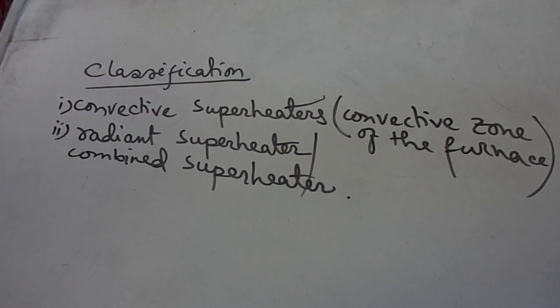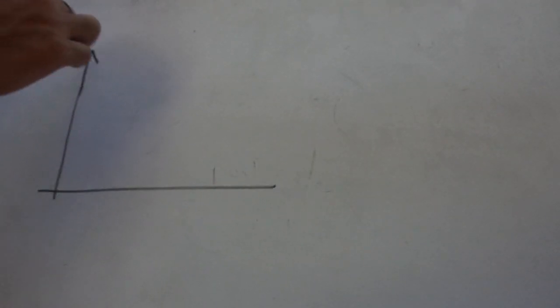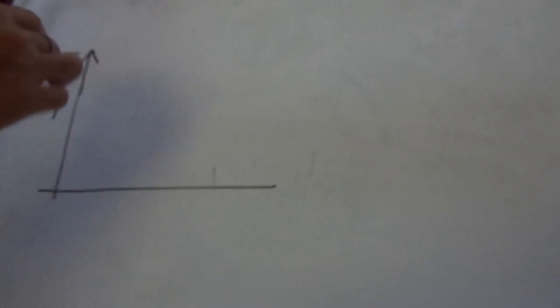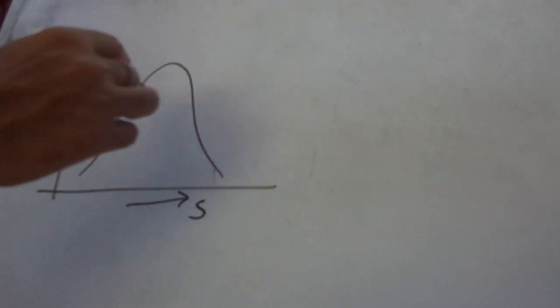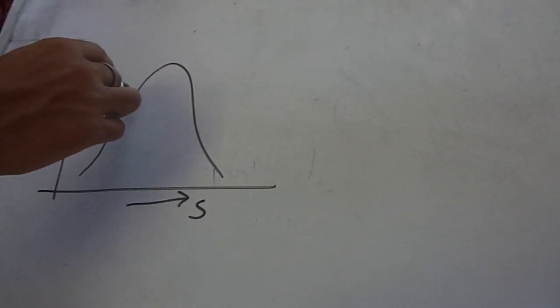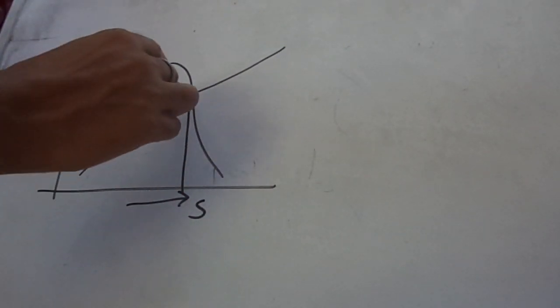Okay. If you draw the diagram of heat absorption in the superheater, this one is the temperature, this one is the S. Draw the line.